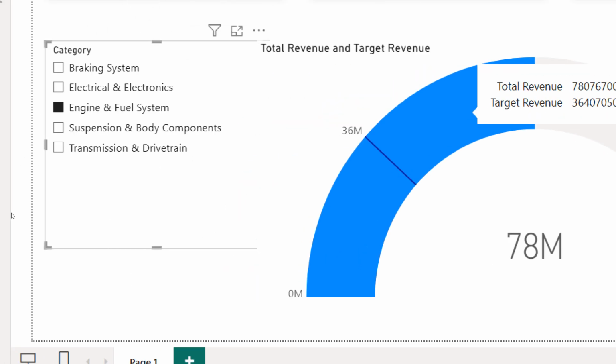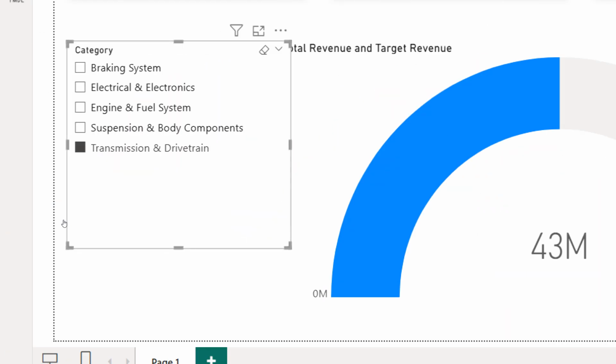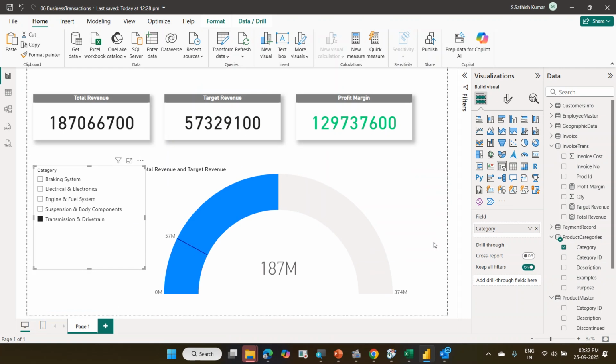Suspension. Transmission. So based on this, you can see it's changing. Target is very less.